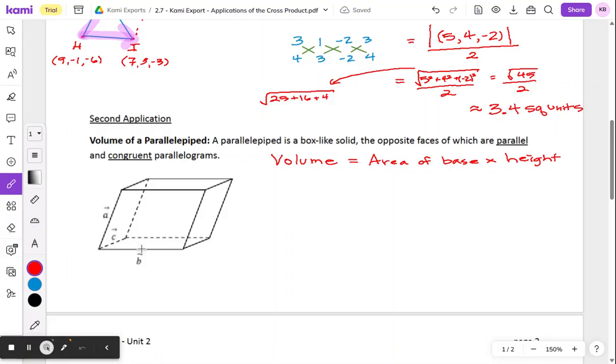We have our parallelepiped identified by three vectors, all coming from this same bottom corner. Okay, I have vector A, vector C, and vector B. You could do this in different orientations, but for our purposes, I'm going to take that area of the bottom of the parallelepiped as my area of the base.